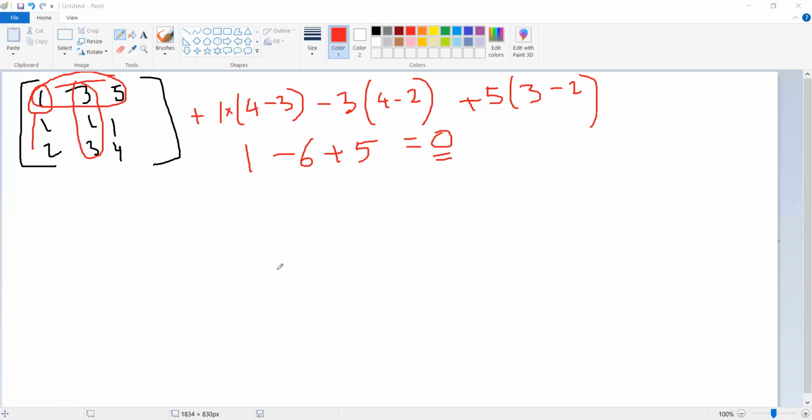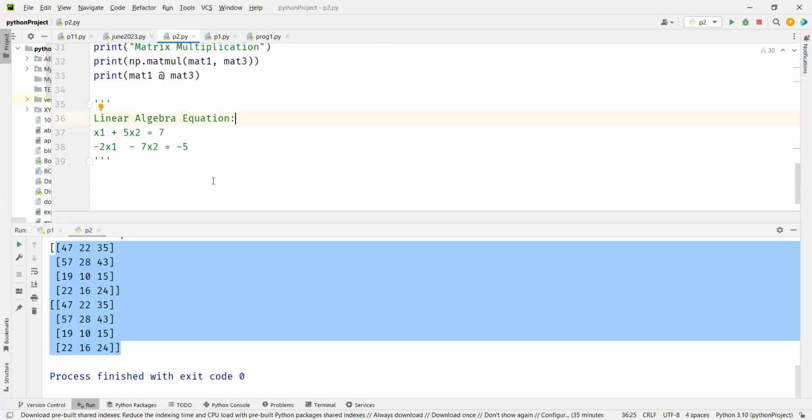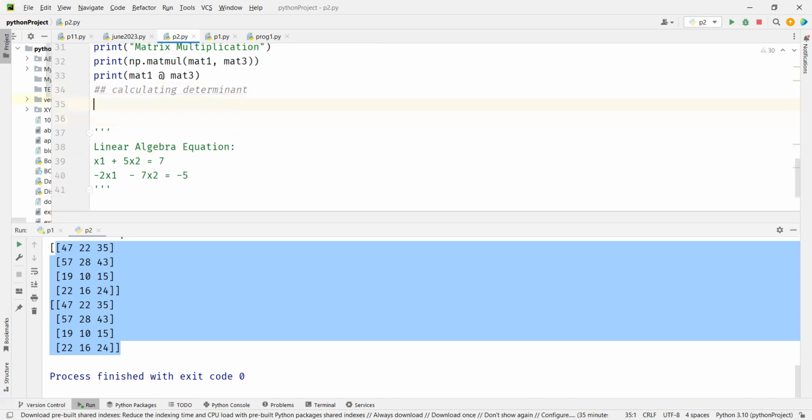So I'm going back to our program. I'm saying here: calculating determinant. Now you have matrix L4, which had 3 rows and 3 columns.